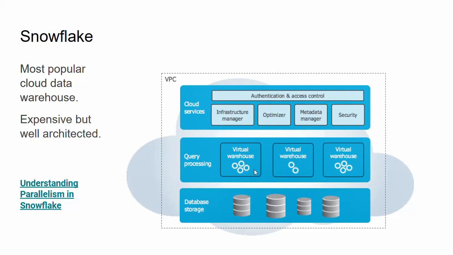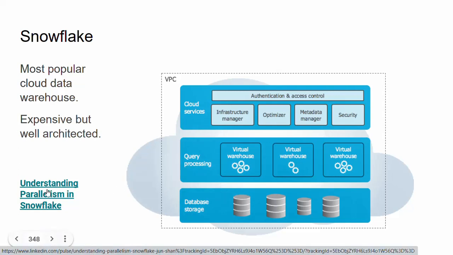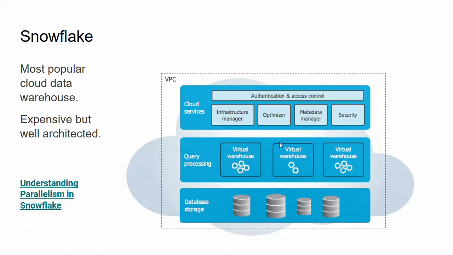This is what Snowflake can do in parallel processing, right? You can run multiple queries against the same data at the same time. I actually wrote a blog, understanding parallelism in Snowflake, regarding how Snowflake achieves its parallelism. The link is here.